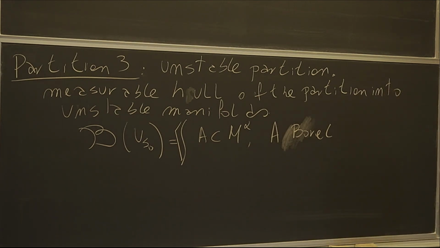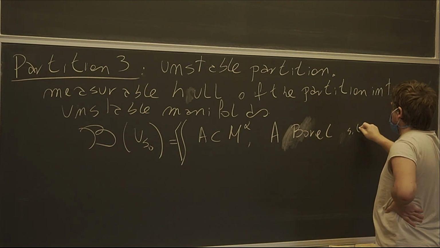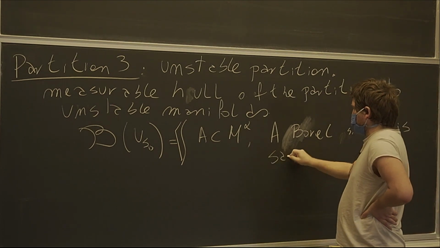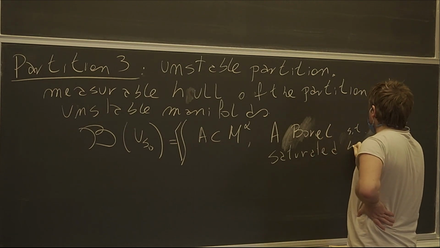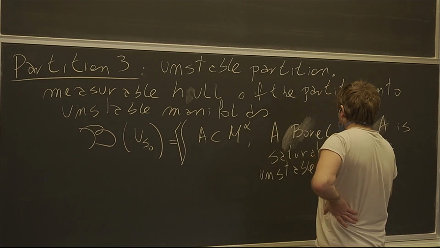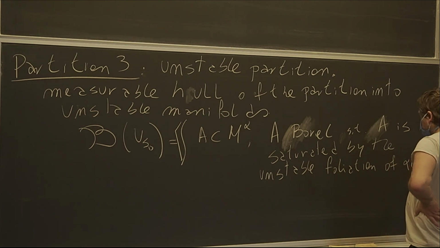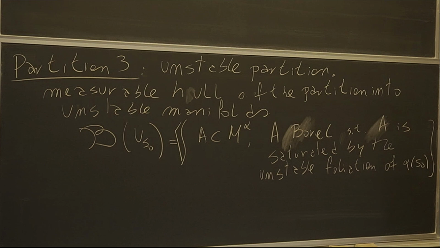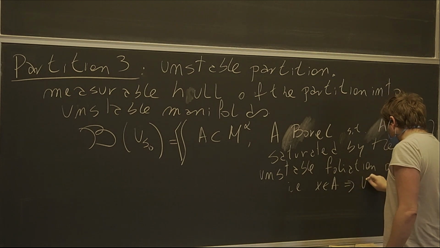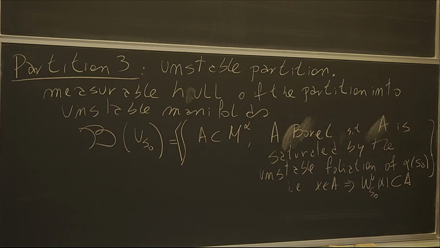It's all the sets which are Borel and are U-saturated, such that if A is saturated by the unstable foliation of alpha S naught, that implies the unstable of X for S naught is inside A. So whenever a point is in A, the whole leaf is there.